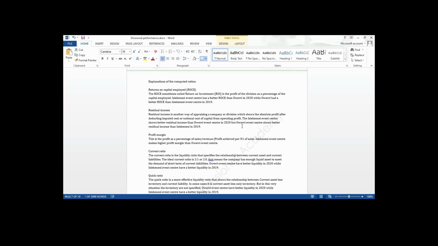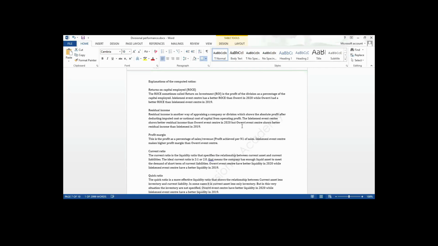Liquidity ratio. The current ratio is the liquidity ratio of current asset and current liability. The ideal ratio is 2.1 or 2.0. This means that the company has enough liquid assets to meet the demand of short-term current liabilities.